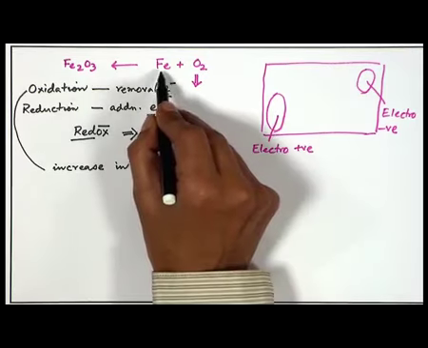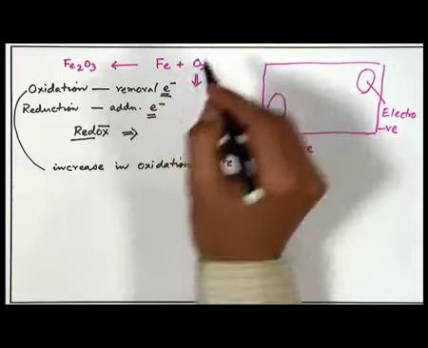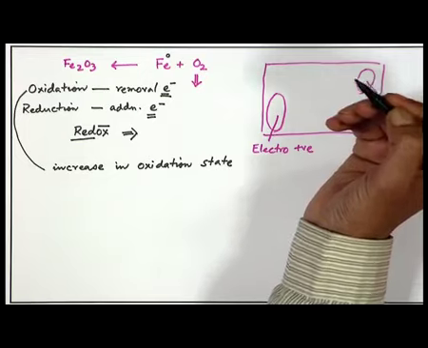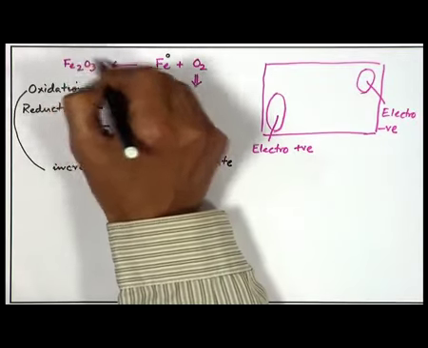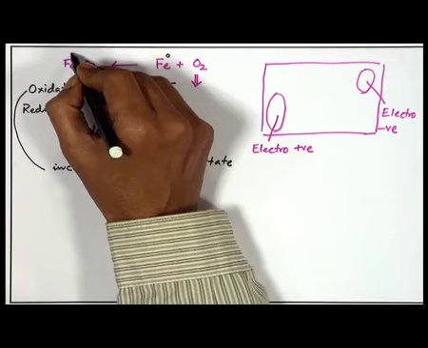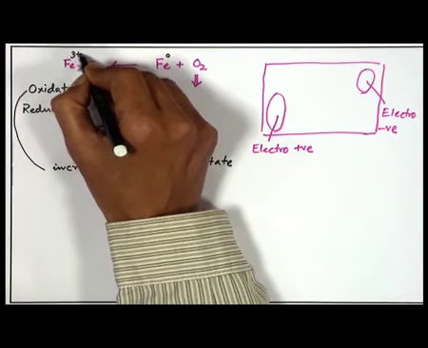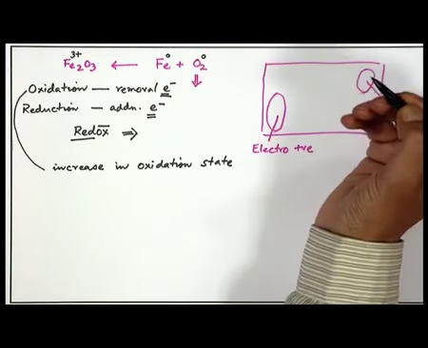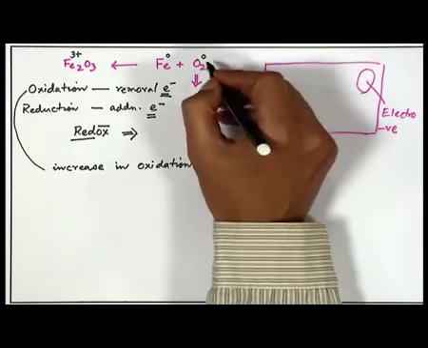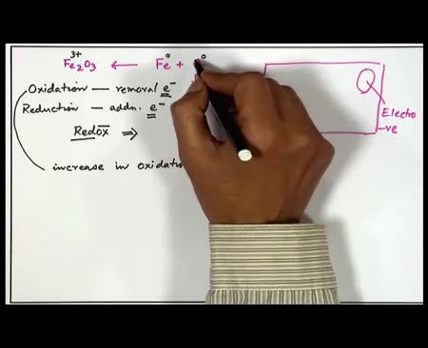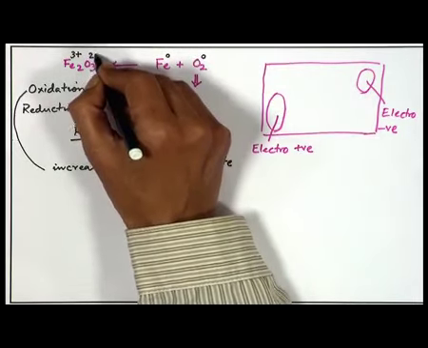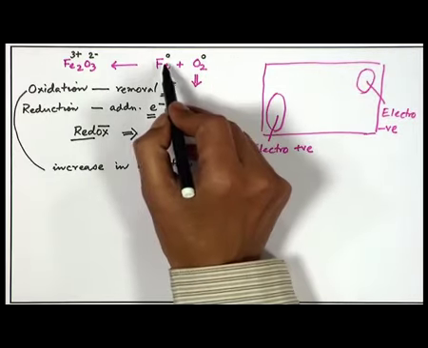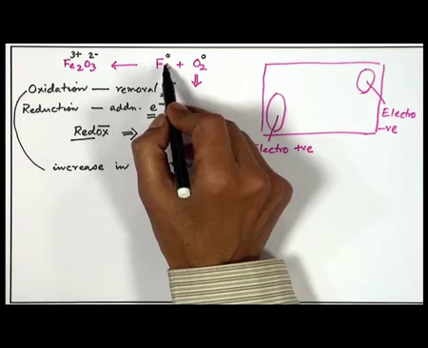Here we see that the oxidation state of iron in the elemental, metallic state is 0. But in the Fe2O3 formation, the oxidation state of iron is +3. Oxygen is 0, sorry, both of these are in the elemental state, and oxygen has gone to O2 minus. So, there is an increase in oxidation state.